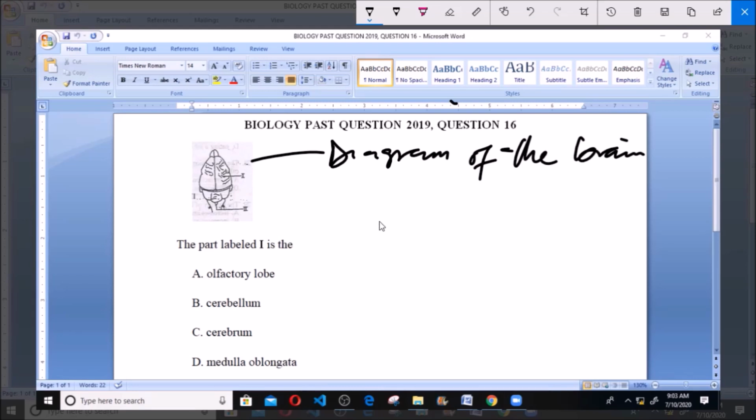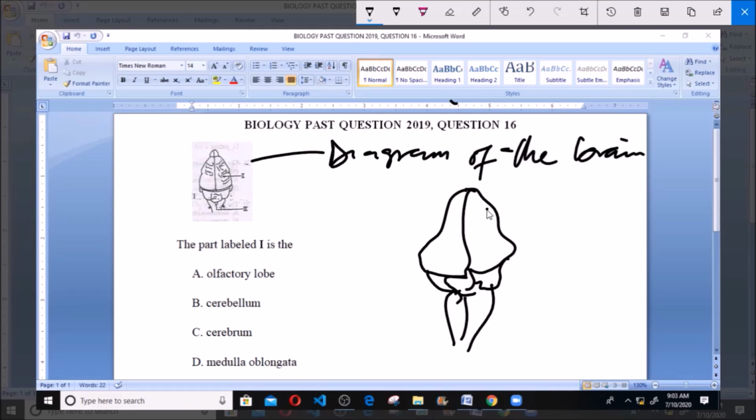Now in the diagram of the brain, like this, this part is the cerebrum.